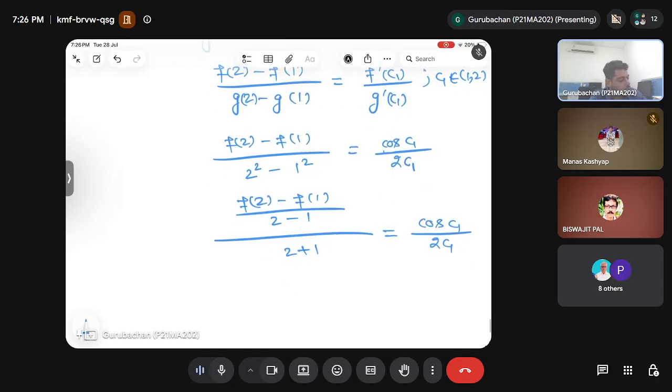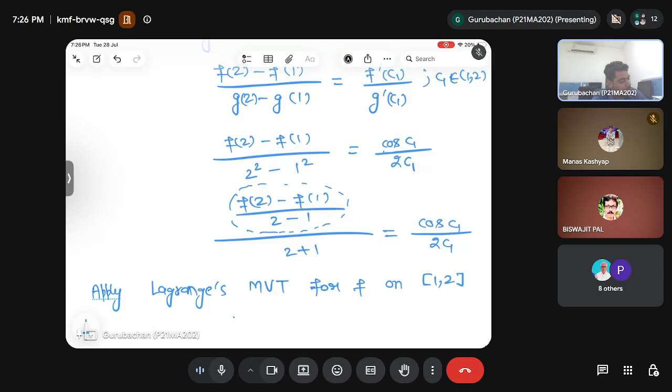Okay. Now, is it something recognizable? Yes, the left hand side part of Lagrange's mean value theorem. So apply Lagrange's mean value theorem for f on the interval 1 to 2.